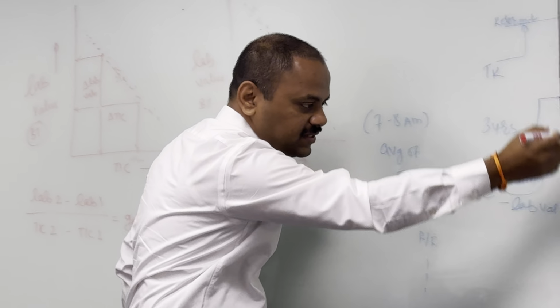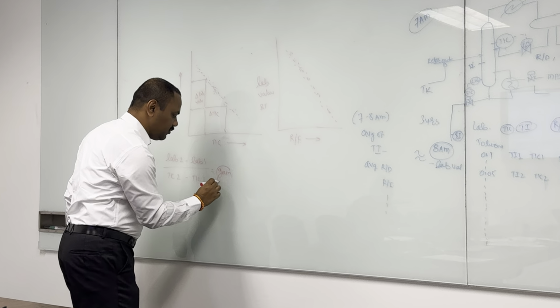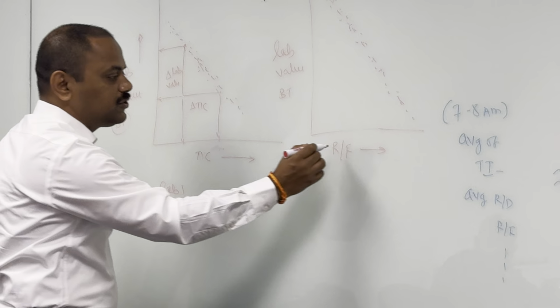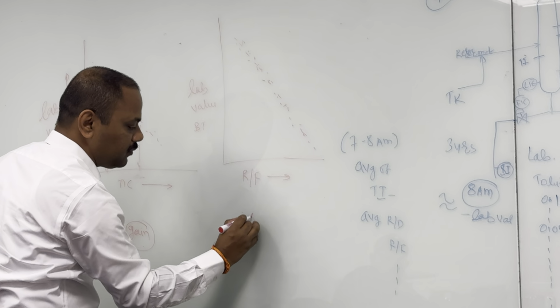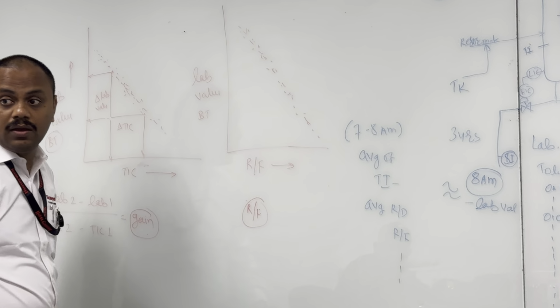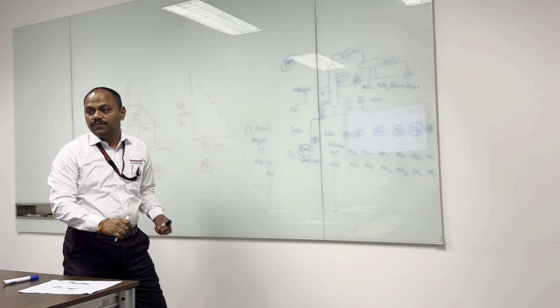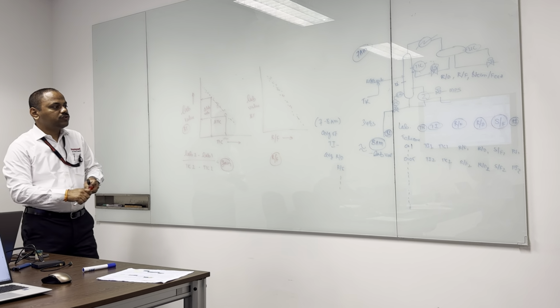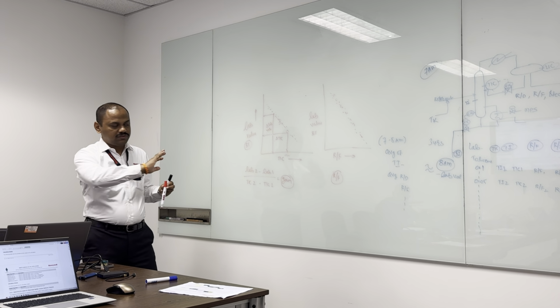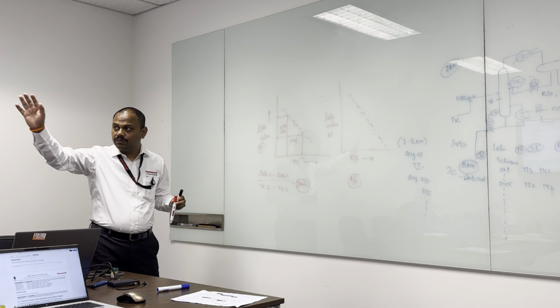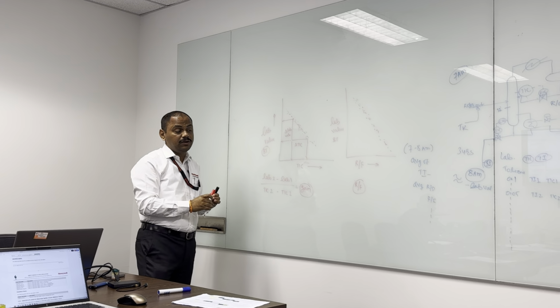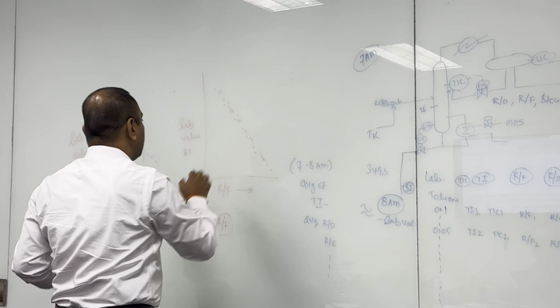Because we have so many samples, we get one gain for TIC. We also get a gain for R by F, R by D, S by F, and PI. I'm just putting this as of now to explain; it may be different because each inferential will have different inputs.